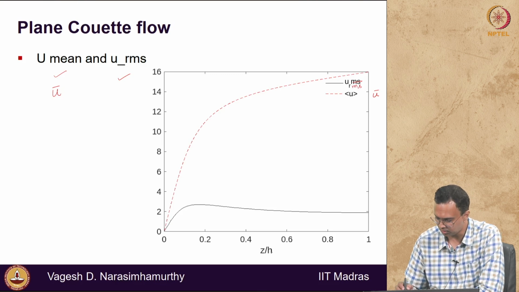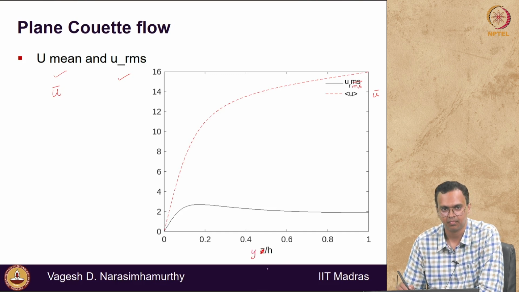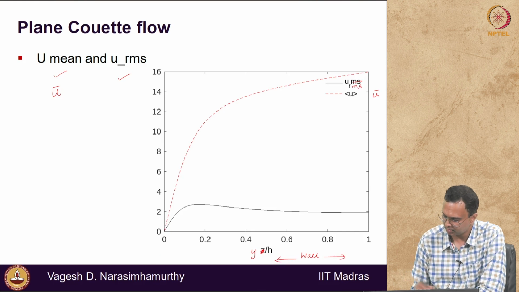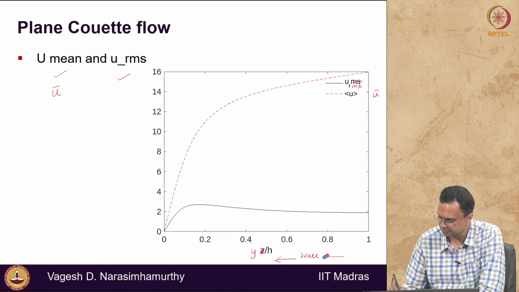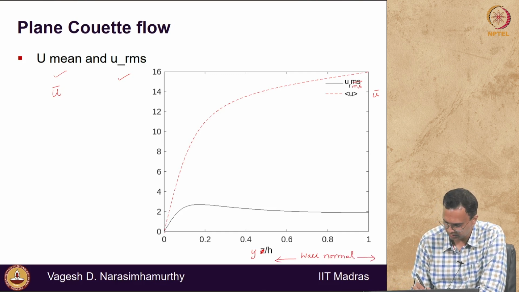So away from the wall, this is your y here, not z, if I'm using y, right? This is the wall normal direction, and this becomes the wall here.